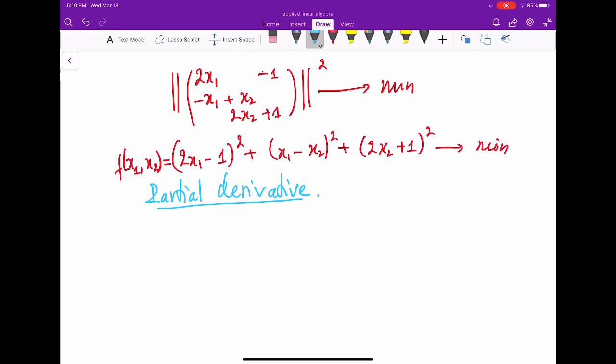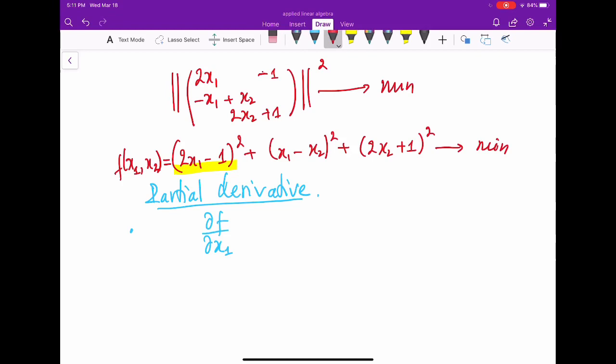When we differentiate this function with respect to x1, we look at x2 as a number, so we will have the partial derivative of this function with respect to x1. Let me differentiate one term with respect to x1, and then you see. The first term has only x1, no x2, so it's easy.